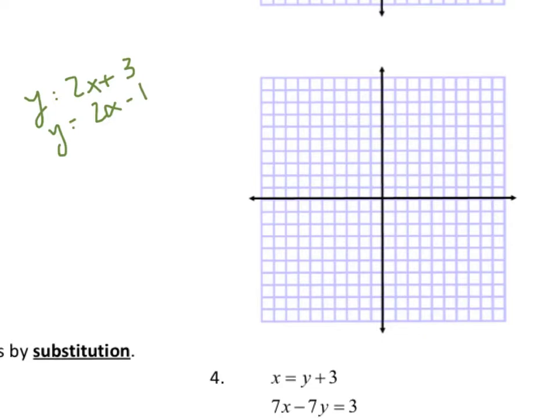So for this particular problem, I'm going to graph both lines. I've got a slope of 2, so up 2 over 1. And you see that that's a line. That's the line y equals 2x plus 3. And then I've got the equation y equals 2x minus 1. I go up 2 over 1, up 2 over 1, and I see that this is the line y equals 2x minus 1.